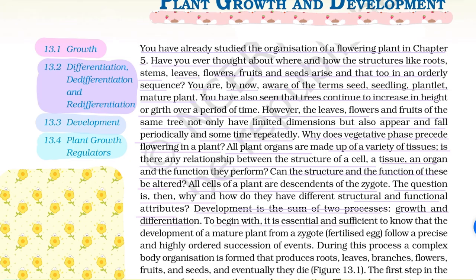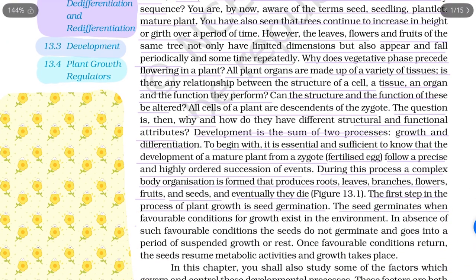To begin with, it is essential and sufficient to know that the development of a mature plant from a zygote, the fertilized egg, follows a precise and highly ordered succession of events. During this process, a complex body organization is formed that produces roots, leaves, branches, flowers, fruits, and seeds, and eventually they die. The first step in the process of plant growth is seed germination. The seed germinates when favorable conditions for growth exist in the environment.